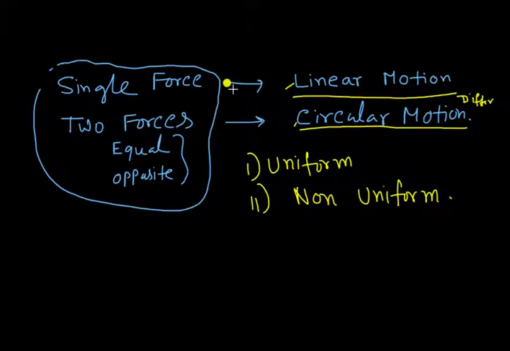After that, we will see that when a body is in rotational motion, that means when a body is already in motion, at that time what forces act on a body.